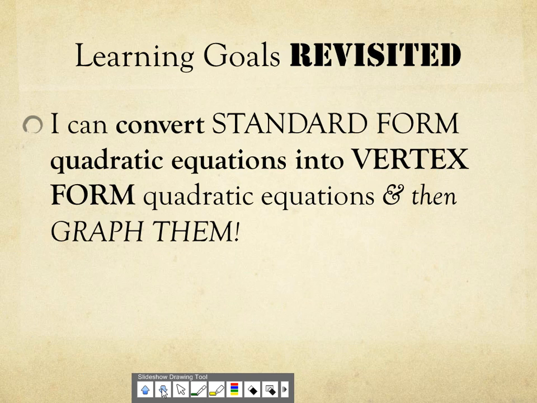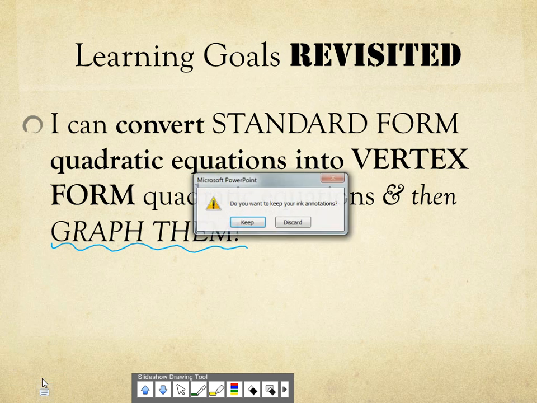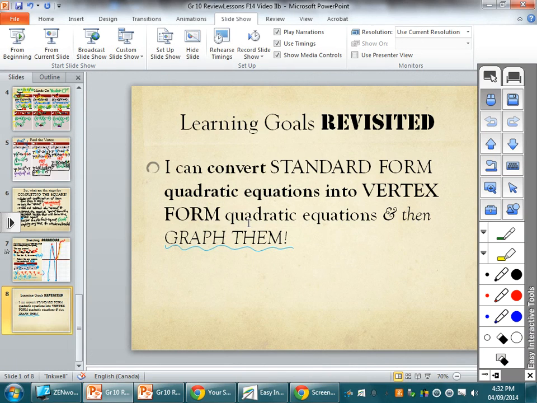Hope that helps. So that's what the whole thing was all about, converting standard form into vertex form. And then I also added at the end how to graph them. I review that in another video, but I thought I'd add it in since it's related to this idea of completing the square for the purposes of finding the vertex form.